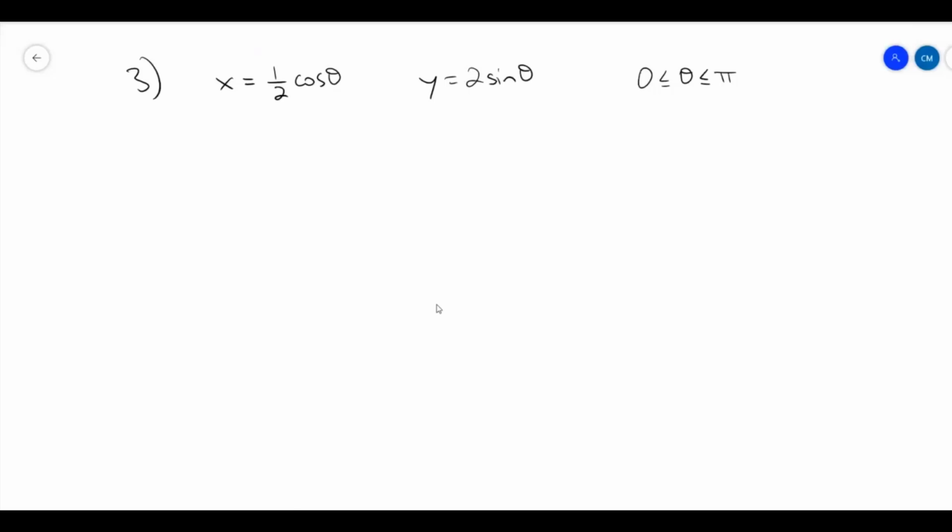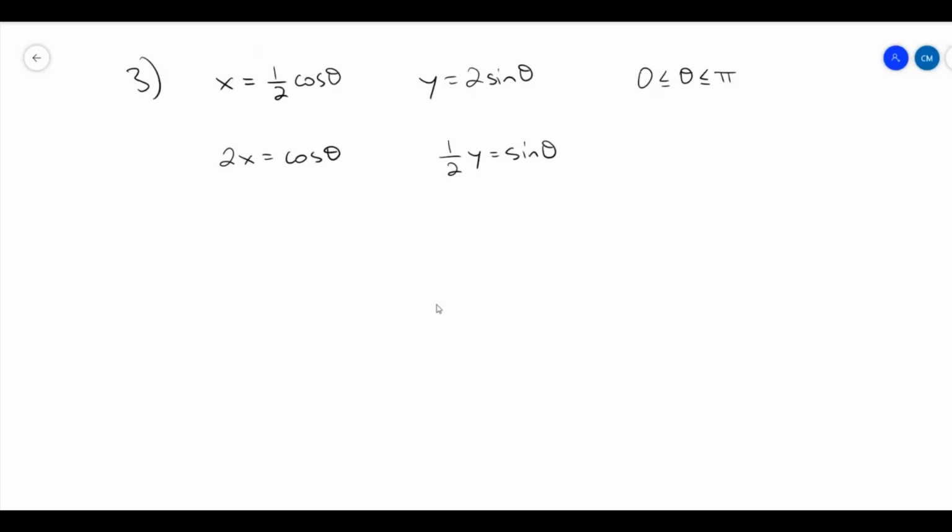So we'll first eliminate the parameter. I'll show you how that works first. The way to do this is to solve the left one just for cosine by itself. So I'm going to multiply this by 2. I get 2x is equal to cosine theta, and then divide this one by 2, so I get 1/2 y is equal to sine theta.